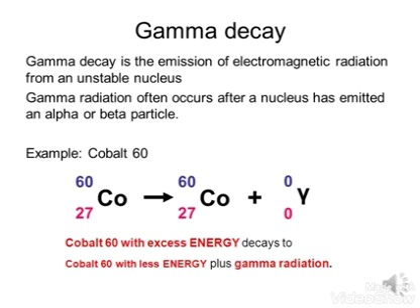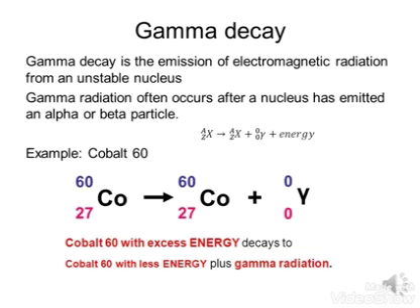Gamma decay. Gamma decay is the emission of electromagnetic radiation from an unstable nucleus. Gamma radiation often occurs after a nucleus has emitted an alpha or beta particle. And this is represented by this equation. So take a look at the equation.